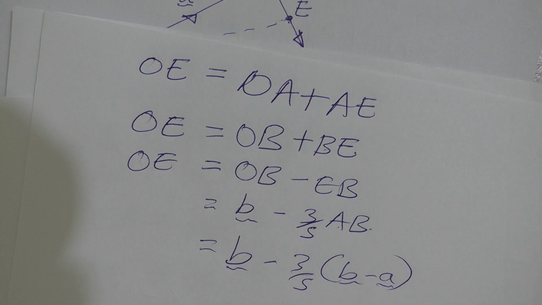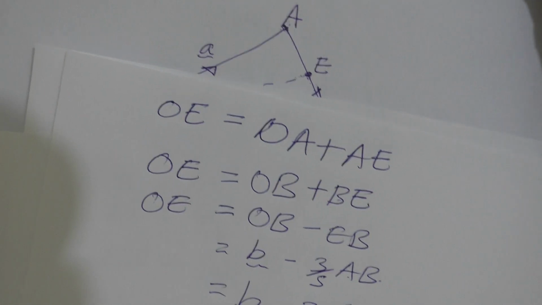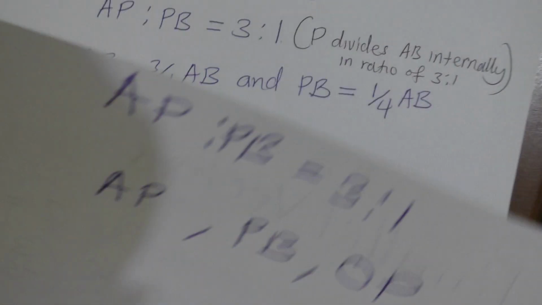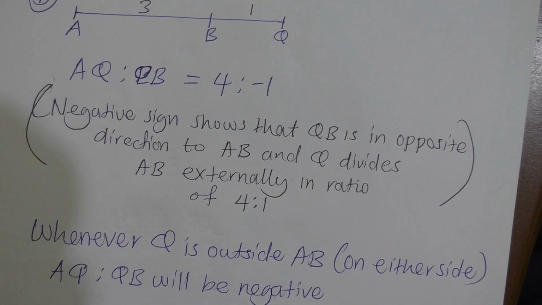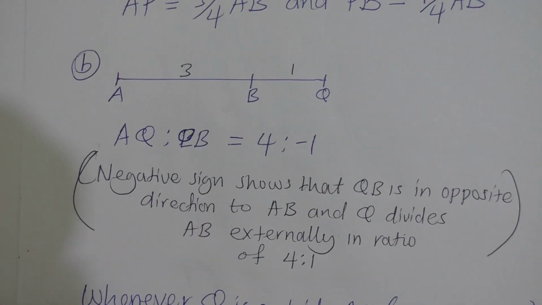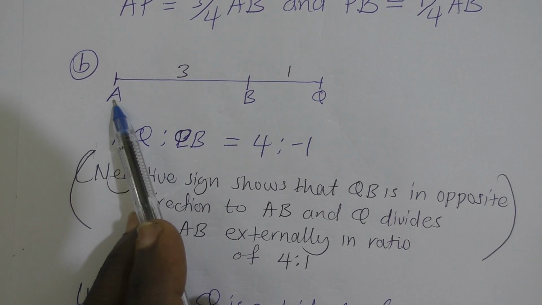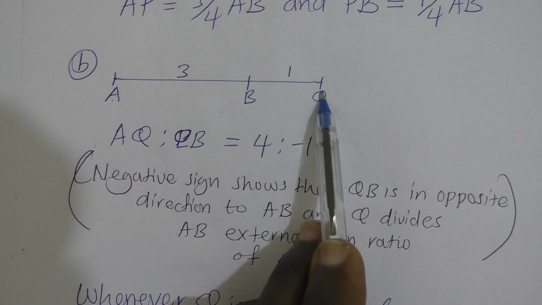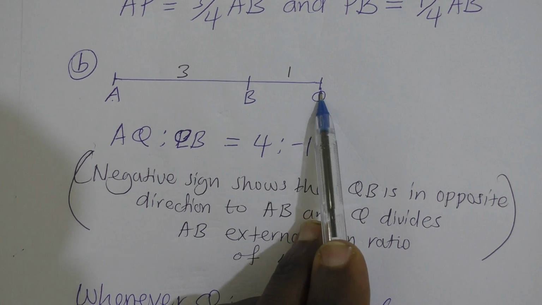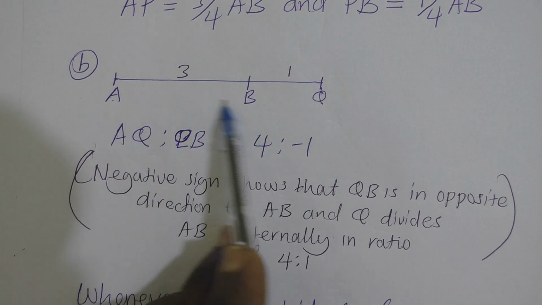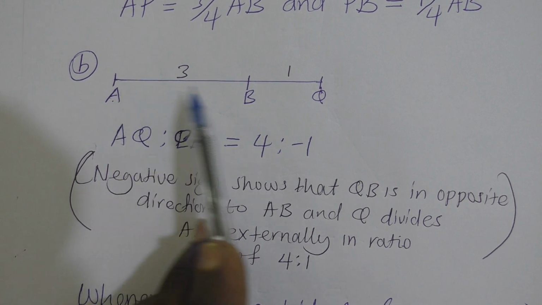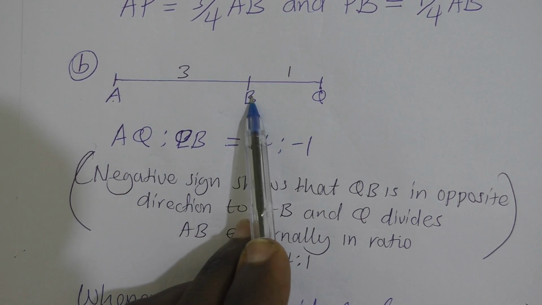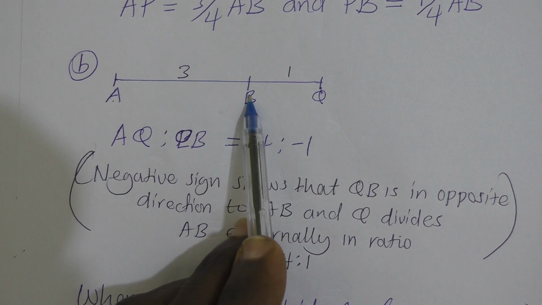Otherwise, that is internally. We also have externally, when the line is divided externally. This is what we mean. So in our part B, we see that we have point Q on the same line AB, but outside the limits of AB, or outside AB.